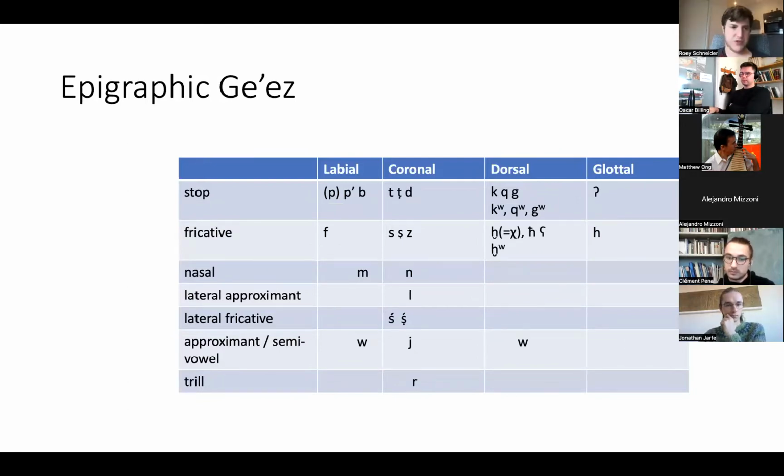And just to show some languages with a little richer consonantal inventory, this is the reconstructed one for really ancient Ge'ez, like really early inscriptions of Ge'ez at the time when the script was not yet with vowels, and when the signs for the laterals were used as differentiated from the signs for the medial sibilants.